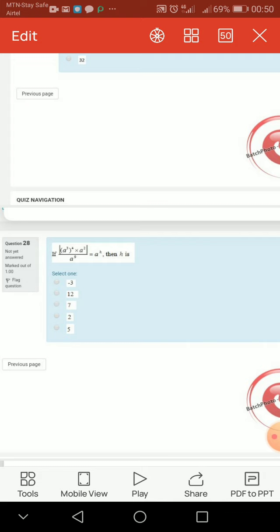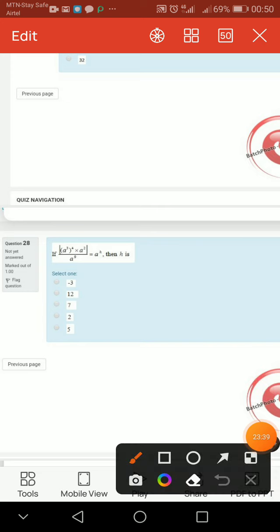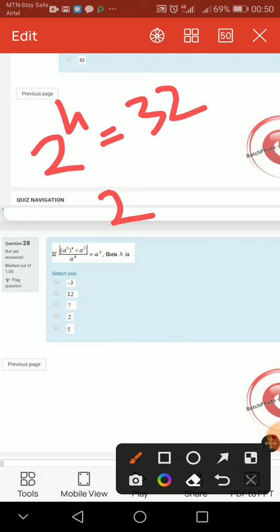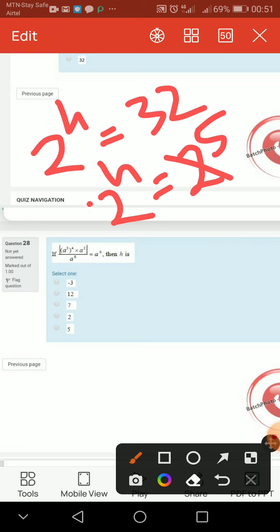So at this point now, I think it can be easy to find h. I can just say that 2 raised to power h is equal to 32, which is 2 raised to power 5. So if 2 cancels out, you can see that your h is 5. It has to be 2 raised to power 5 to be 32. So that means your h is 5. Okay, so which is E.